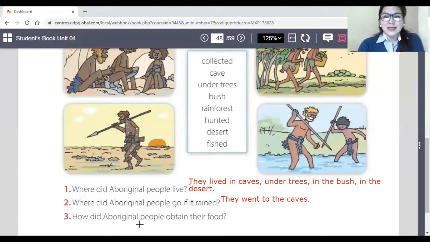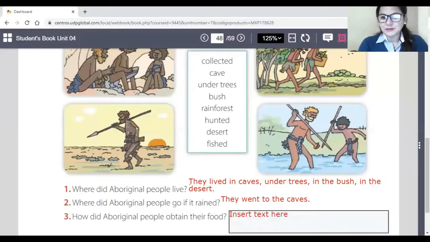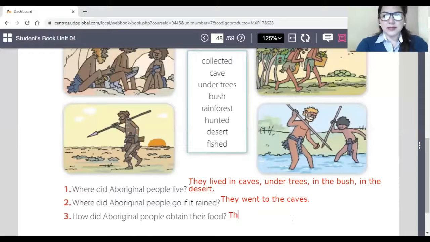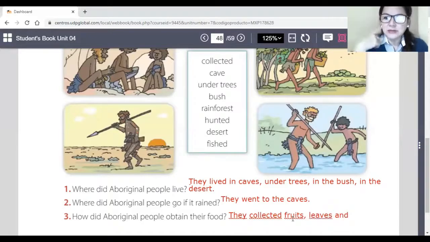Okay. Number 3, how did Aboriginal people obtain their food? Remember, they collected fruits, leaves, and seeds.